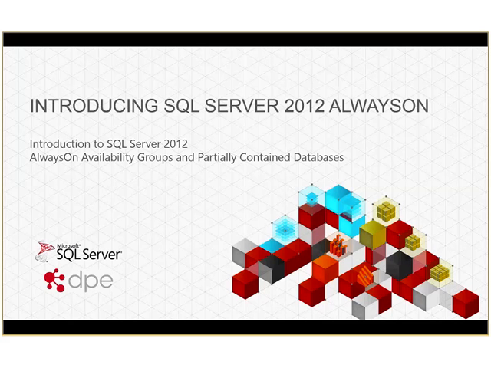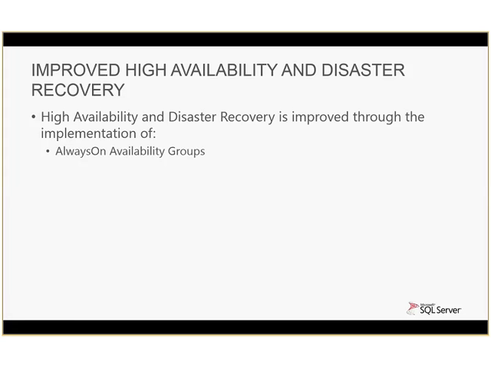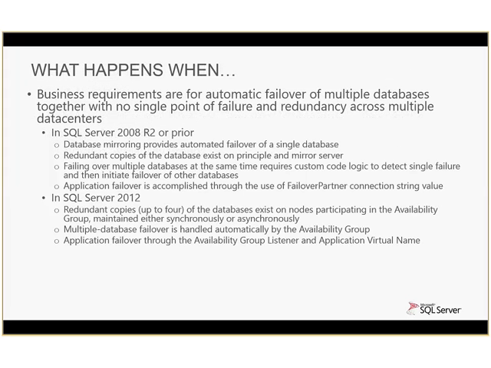So Always On and partially contained databases. New high availability and disaster recovery options through Always On availability groups. So let's take the following scenario. We had a business requirement for automatic failover of multiple databases at the same time with no single point of failure and possibly redundancy across multiple data centers.